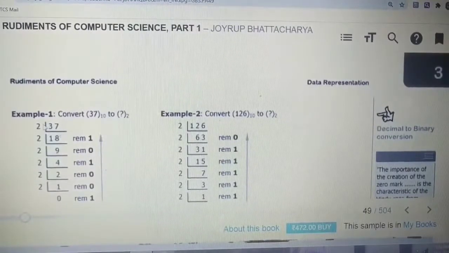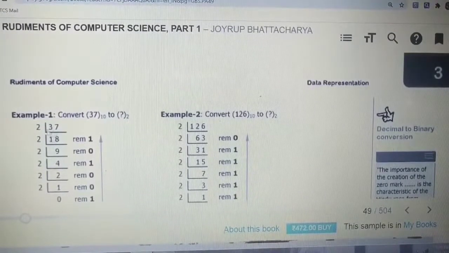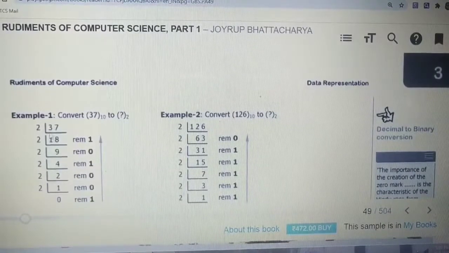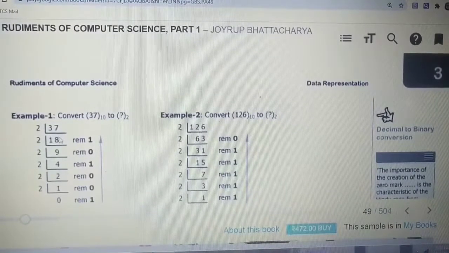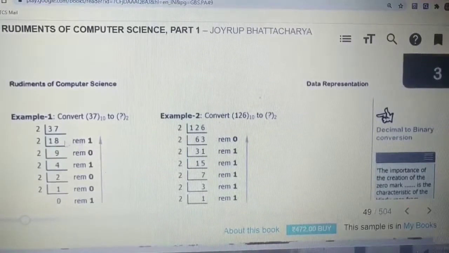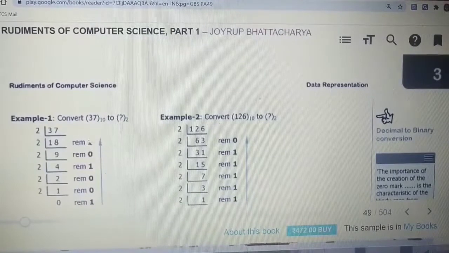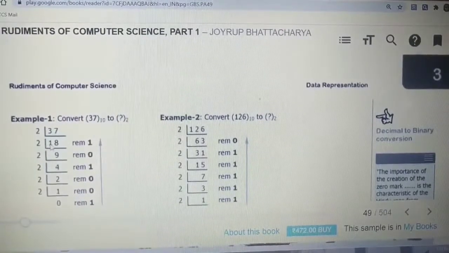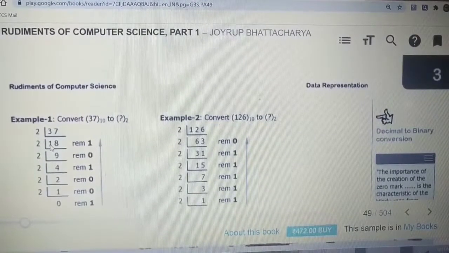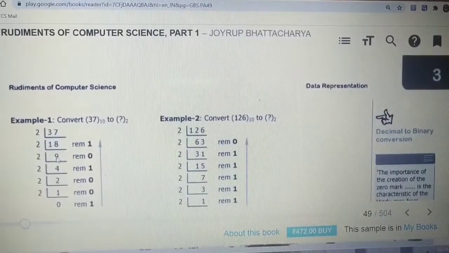So we divide 37 by 2. 2 ones are 2, 3 minus 2 is 1, then 17, 2 eights are 16, and the remainder is 1. So beside 18 we write remainder 1. Rem is not required, just put a hyphen and write 1. Again we divide whatever quotient we get by 2. The answer is 9 and there is no remainder.